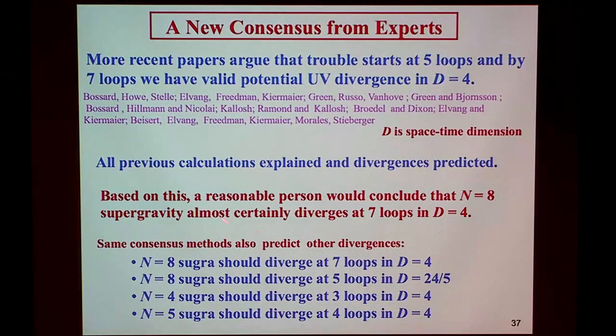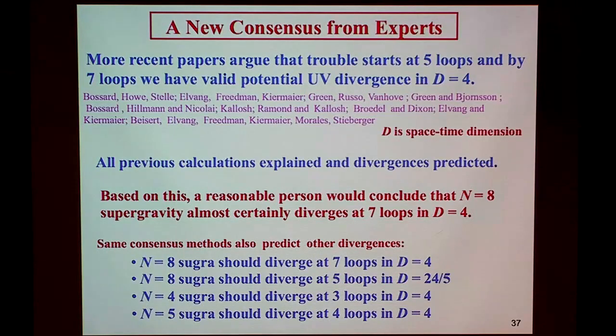Now, a reasonable person would conclude that this n equals 8 supergravity almost certainly diverges at 7 loops in 4 dimensions. So d is the space-time dimension. But when I say 4 dimensions, I mean space and time. And in fact, these people did a lot of work and looked at different theories. N equals 8 supergravity should diverge in 4 dimensions. N equals 8 supergravity should diverge at 5 loops in 24/5 dimension. Don't worry about that.